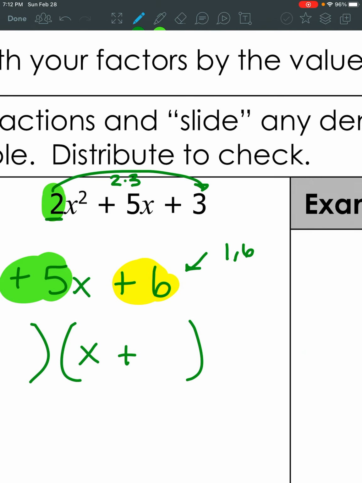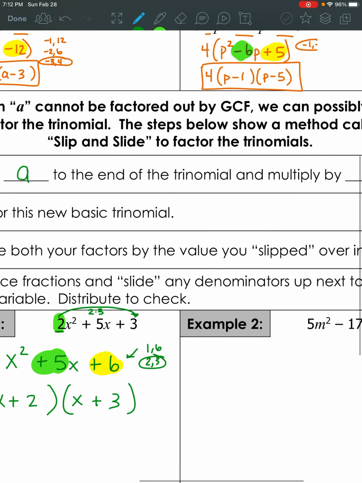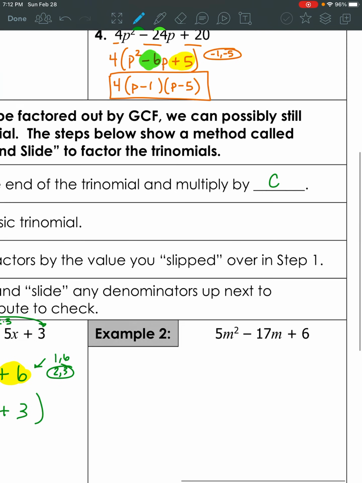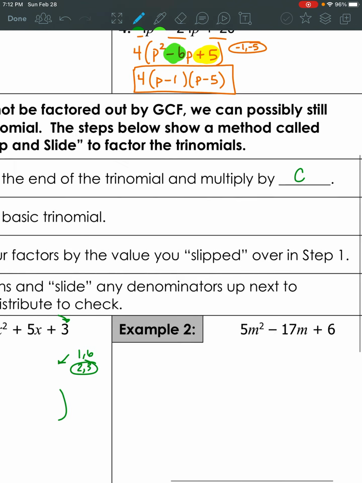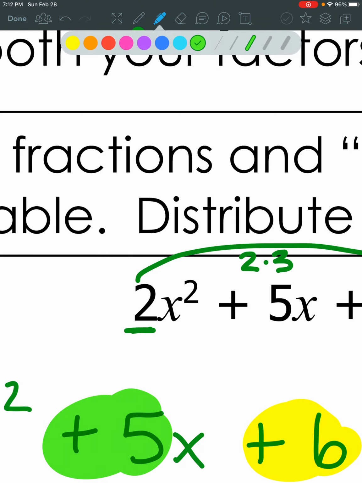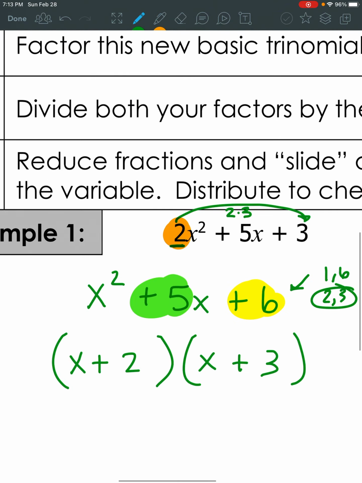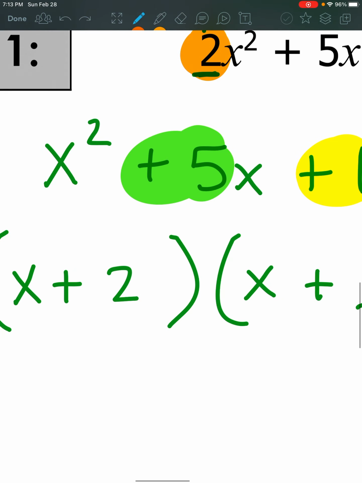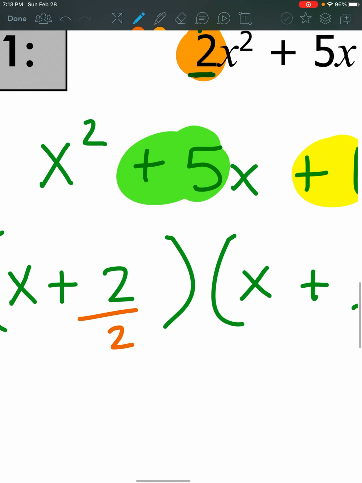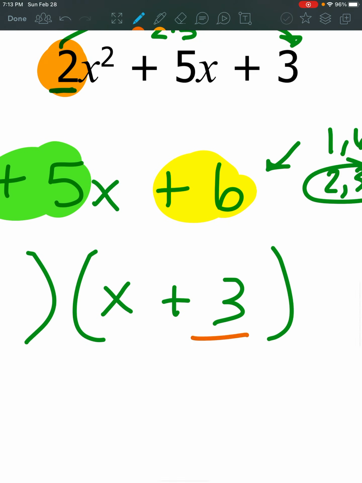Now, step 3. We're going to divide both of your factors by the value you slipped over in step 1. Because I have several colors going on here, I want to show you this in a different color. So in that same color, I'm going to divide by that a value, 2, that we slipped. We're going to divide this factor by 2, and we're going to divide 3 by 2.